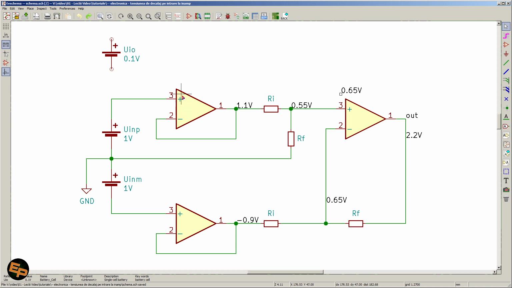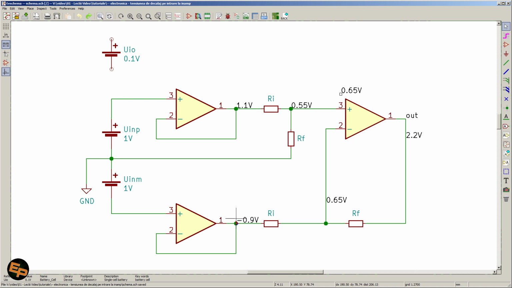In this case, each buffer will shift the input voltage a little bit. So at the output of the first buffer, instead of having plus 1 volt, we would have 1.1, because it's 1 plus 0.1.